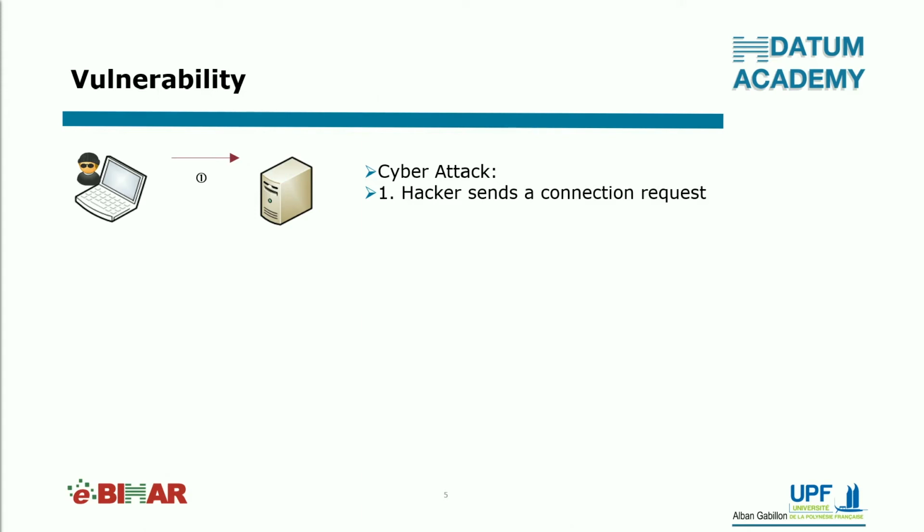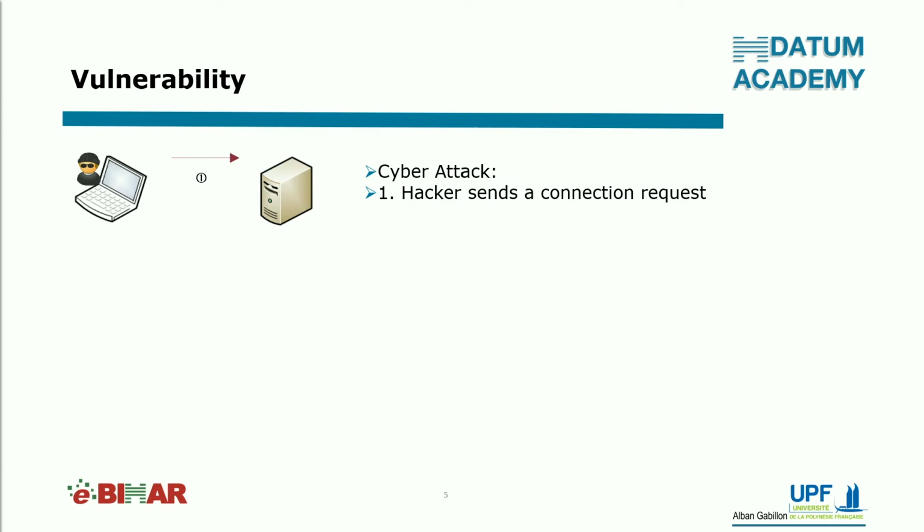And the client was supposed to confirm and respect the authentication method imposed by the server. Unfortunately, the server, and this was the bug, the vulnerability, the server did not verify that the client was following the authentication instructions.